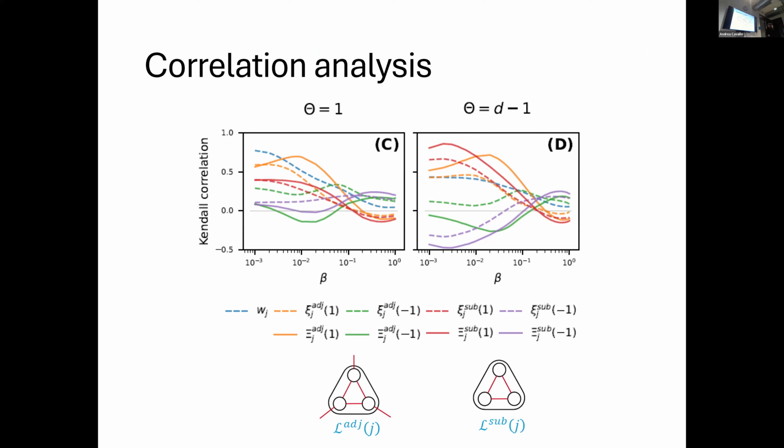Here I show the correlation between the proposed centrality metric of a hyperlink and its weight in the backbone. We can see that when beta approaches 0, the weight Wj in the aggregated network performs the best when theta equals 1, which is consistent with our analysis in the limiting case when beta approaches 0.